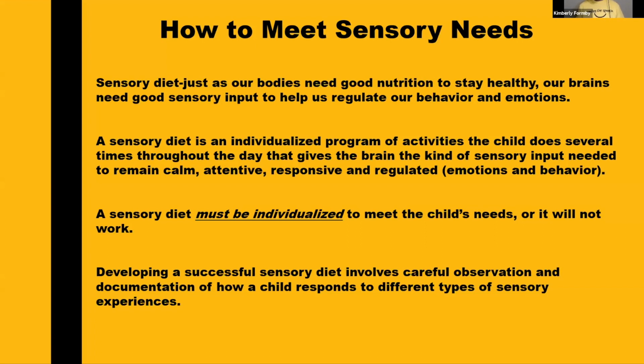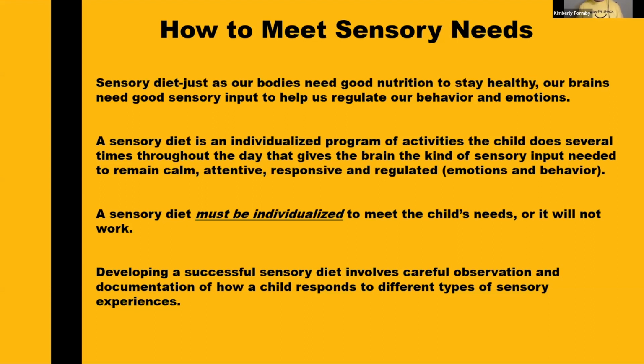And when we regulate our behavior and our emotions, we can respond appropriately to things that are going on around us. So a sensory diet is an individualized program of activities that a child does on a regular basis. It could be several times throughout the day, that gives that child's brain the kind of sensory input the child needs to remain calm, remain attentive and responsive, and to regulate their emotions and their behavioral responses.